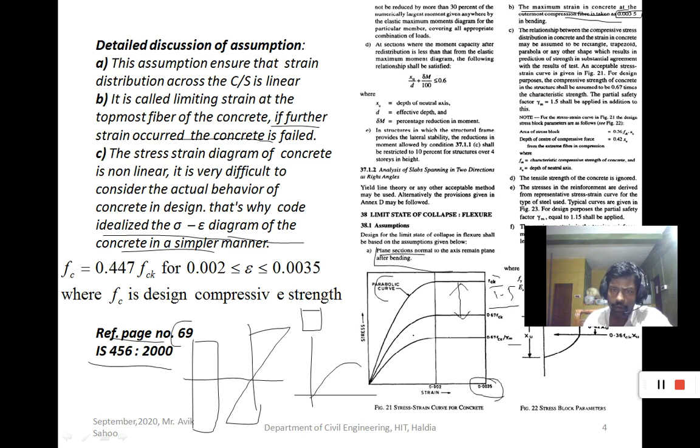This is the design stress strain diagram that we consider to assess the strength of the member, as well as to find out the moment resistance. This diagram is taken for design.